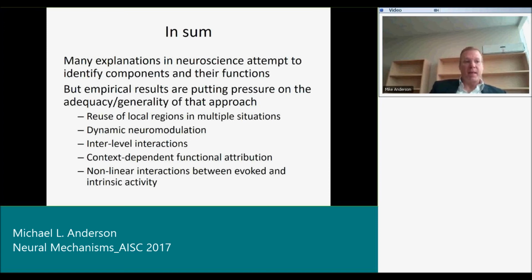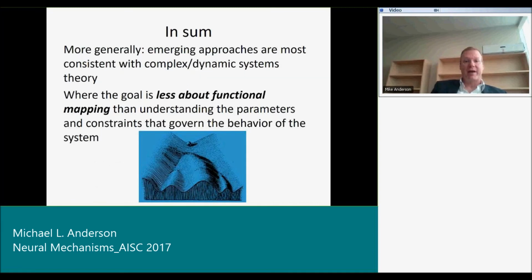All these complications suggest that this sort of simple mapping model is probably not going to be adequate to neuroscience going forward. So again, emerging approaches are more consistent with complex dynamic systems theory than they are with simple mapping or simple componential mechanistic explanation.